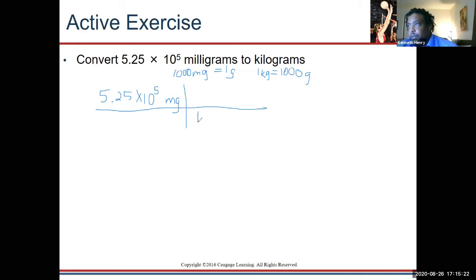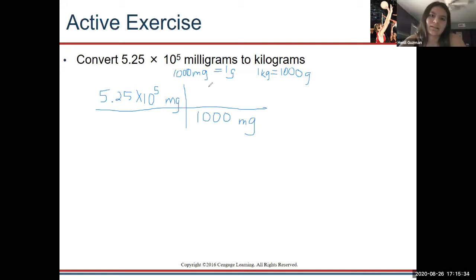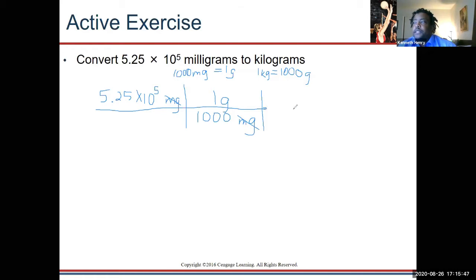Okay, so I'll put 1,000 milligrams at the bottom. And then what's going to go on top? 1 gram. Okay, so then that changes it to grams, right? That means that's the unit that'll be left. And we want kilograms. So how do I change grams to kilograms?